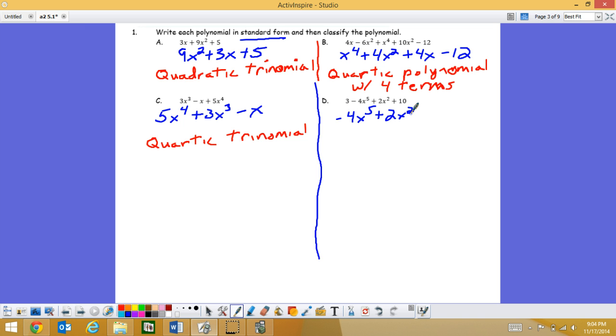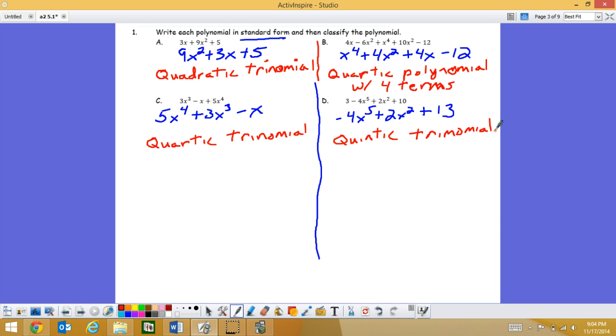And we've got a couple of constants to combine, the 3 plus the 10, to have plus 13. And the degree of this polynomial is 5. It's the largest exponent. So we call it a quintic. And since we have 3 terms, that is a trinomial. And we call that a quintic trinomial.